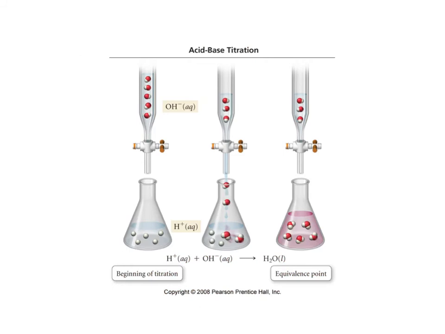Okay, so then the next topic is titration, acid-base titration. And here you have a very interesting process. You can take your acid like HCl and put it in a flask with water. You can take some sodium hydroxide and put it in your burette.